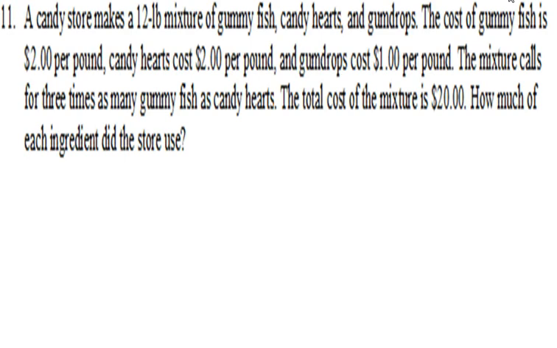Our last problem, number 11, says a candy store makes a 12-pound mixture of gummy fish, candy hearts, and gumdrops. So let's let the gummy fish be X. Let's let the candy hearts be Y, and let the gumdrops be Z. Okay?